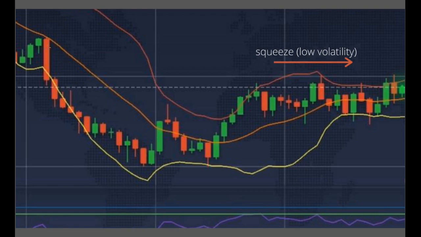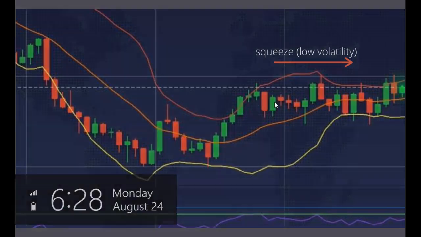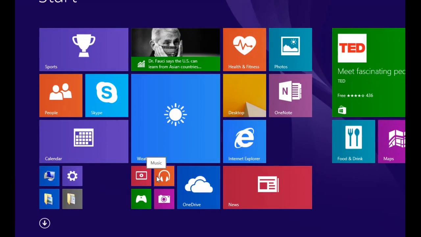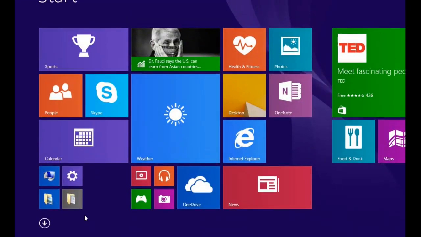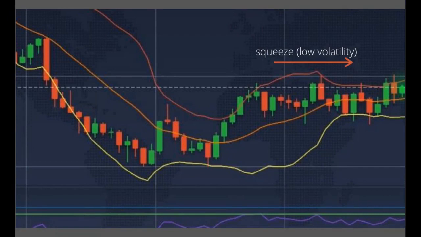But in a downtrend, the price will open and close under the 14-day moving average. But you can see here, price opens and closes on top of the 14-day moving average. Okay, so it's amazing.